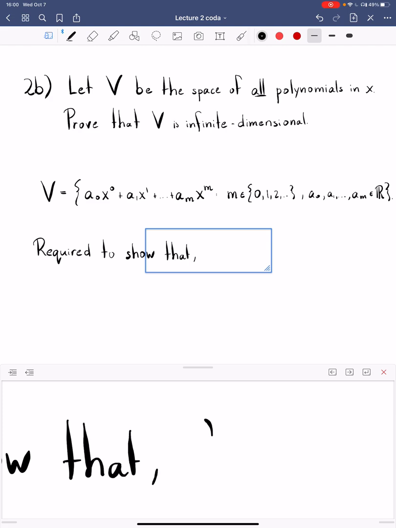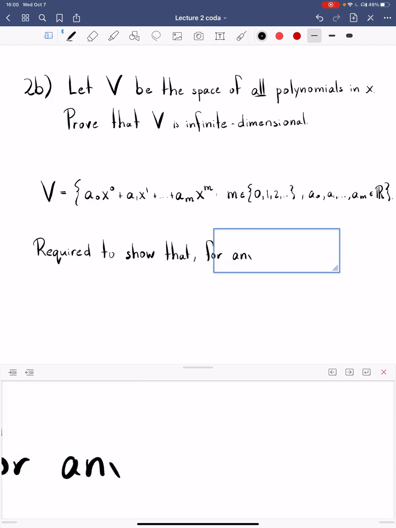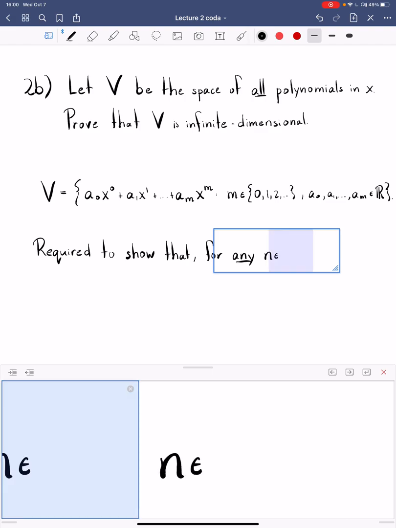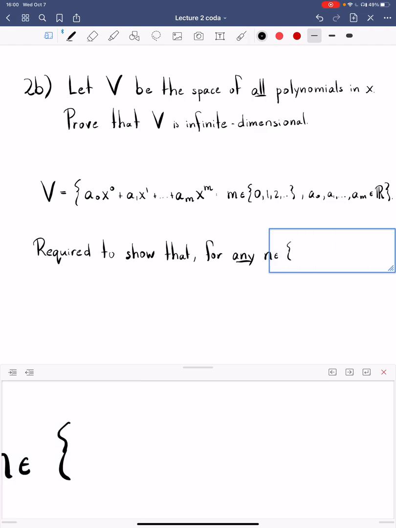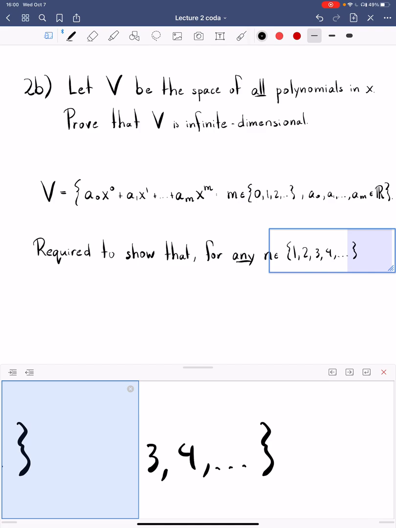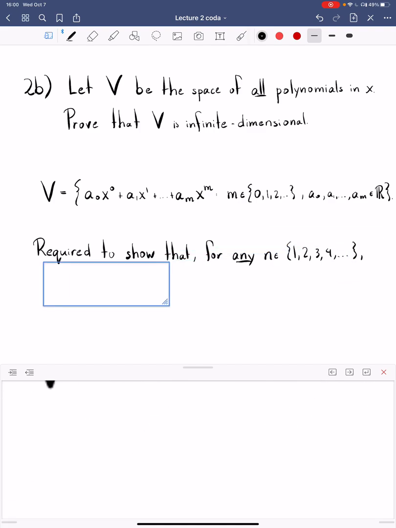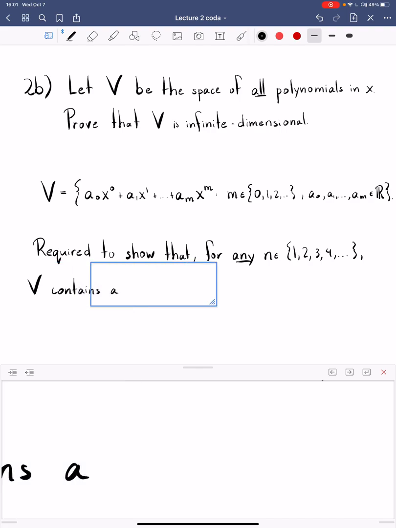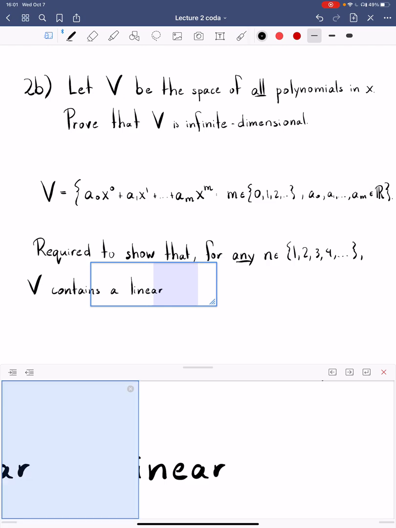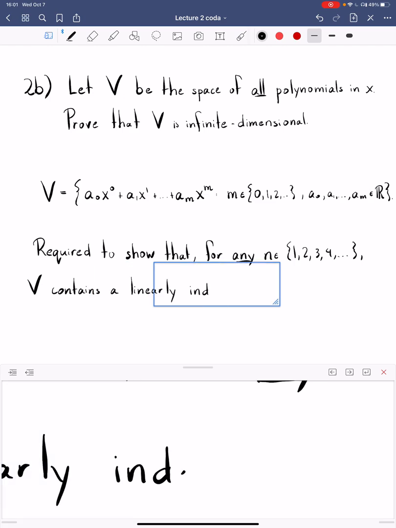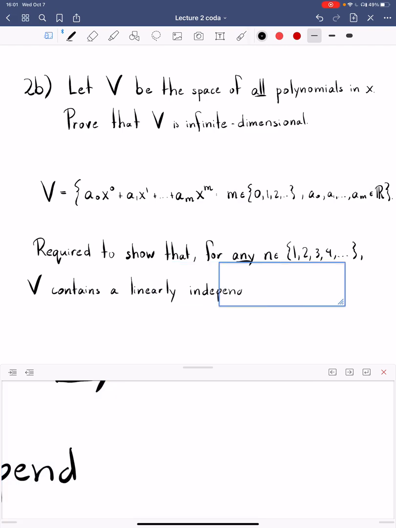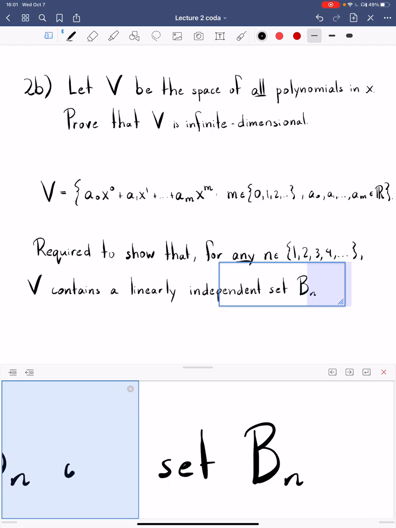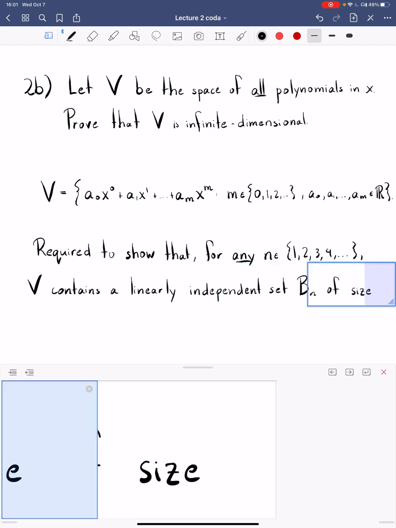For any number n, 1, 2, 3, 4, as large as you want, so this is the set of natural numbers, V contains a linearly independent set Bn of size n, right?